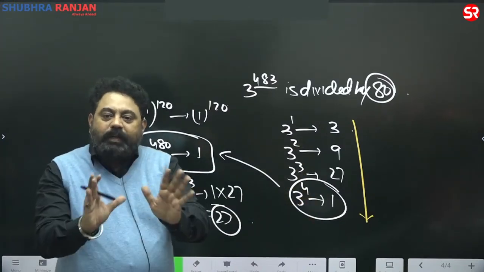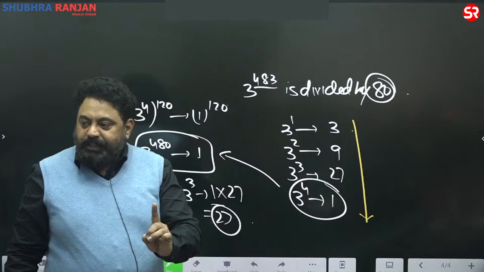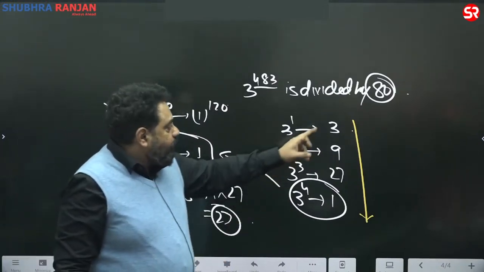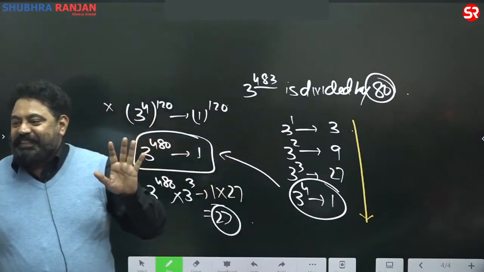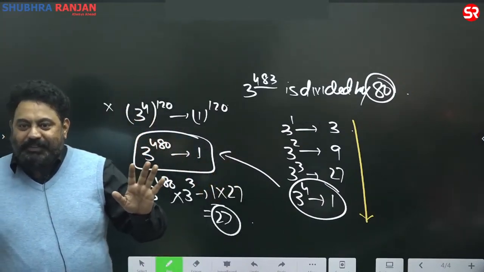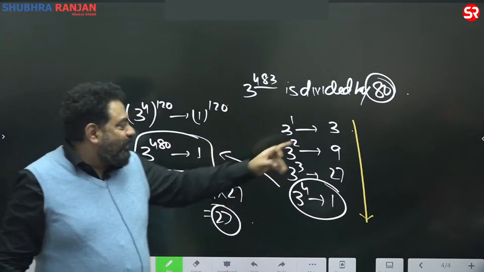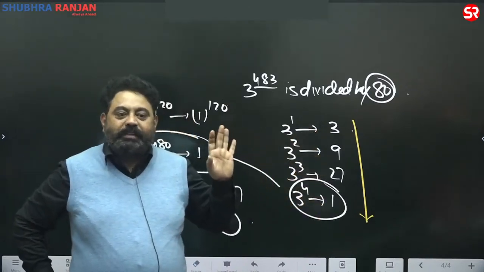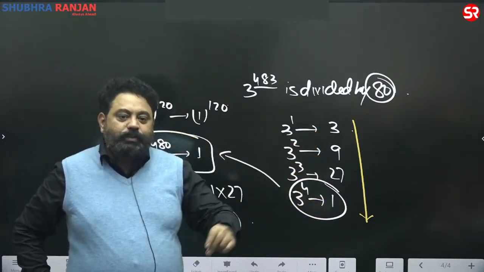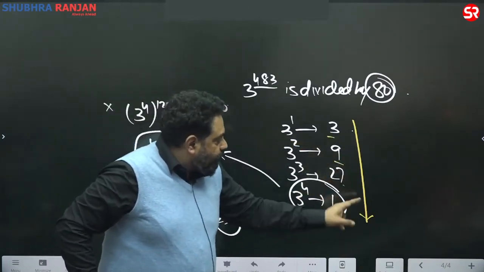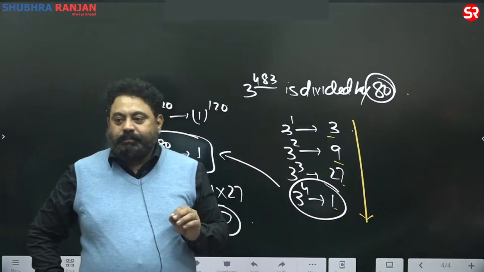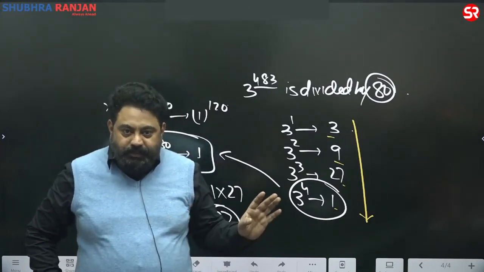As soon as you get 1, your possible remainders, your possible answers are 3, 9, 27 or 1. That's the best part. The possible remainders would be 3, 9, 27 and 1. Whatsoever is your question, as soon as you make 1, your answers would be either 3 or 9 or 27 or 1. Is it clear?